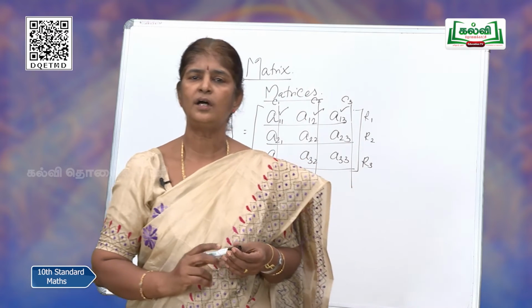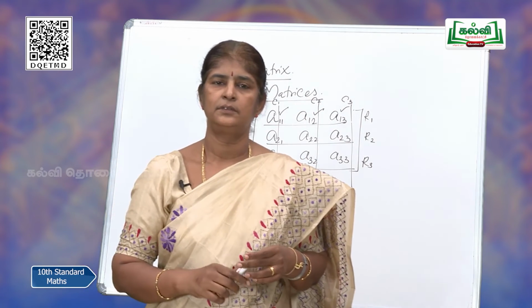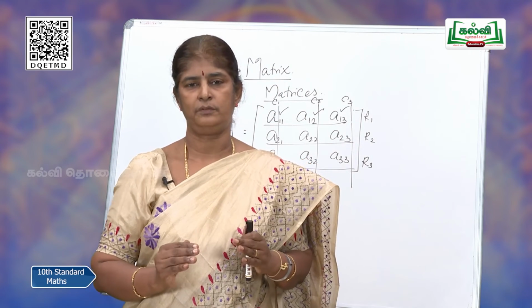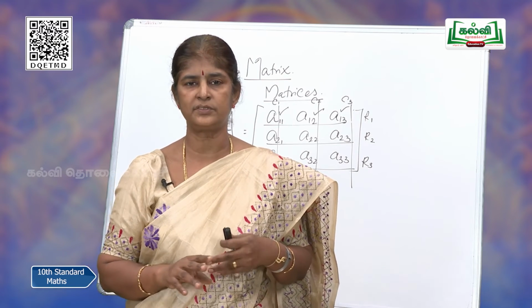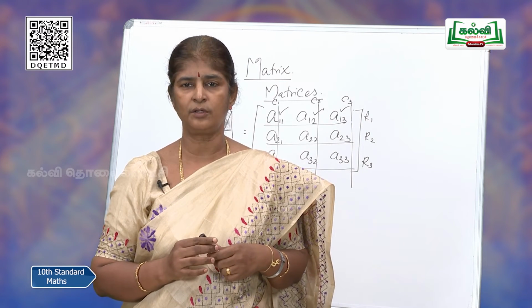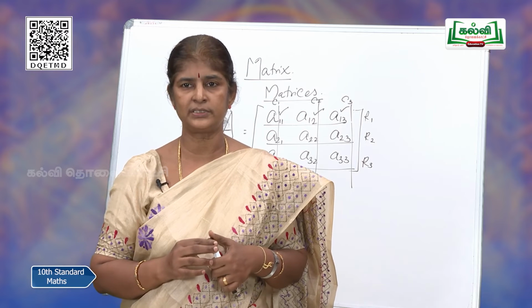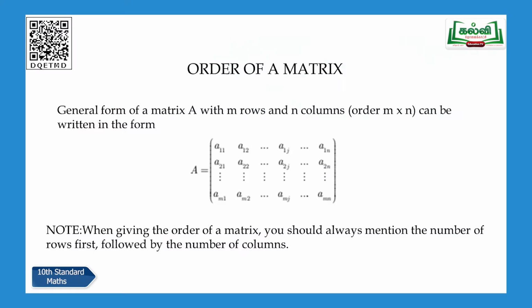Now, what is the order of a matrix? We know a matrix has a name. The general form of a matrix A with m rows and n columns, that is order m cross n, can be written as follows. We have m rows: A11, A12, etc., A21, and the last row is Am1, Am2, Am3, etc., Amn.